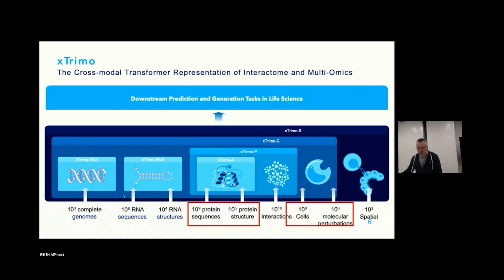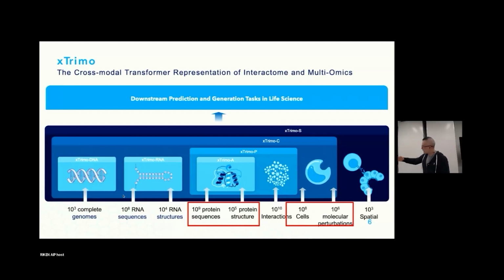So the goal is to have some kind of ability to absorb the information in the data. You build some kind of pre-trained model based on this huge amount of data, and then use the representation for downstream tasks and see whether you get some benefit or improvement based on this pre-trained model, right?